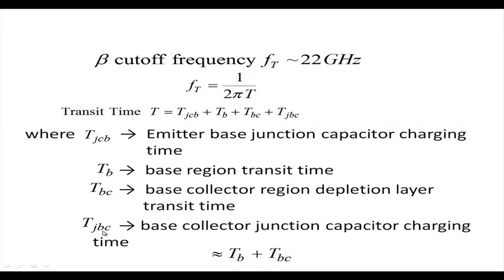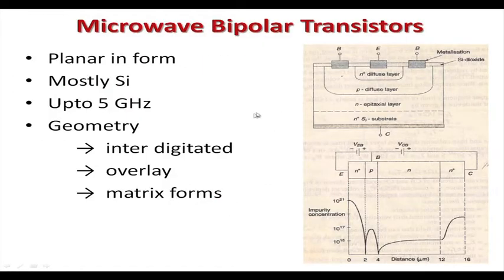Out of these, the capacitor charging times can be neglected, but the base region transit time and base collector region depletion layer transit time you will have to consider, because you have to cross the base, and then there is also this large depletion layer.